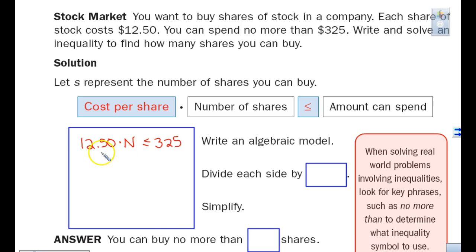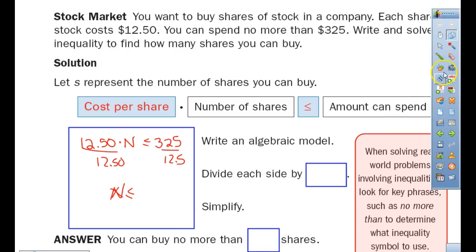So Jessica, if I'm looking at this and I have 12.50 times N less or equal to 325, you divide on both sides by 12.50. So you use your calculator and divide that out, which means N in this case should be less or equal to... Whoa.